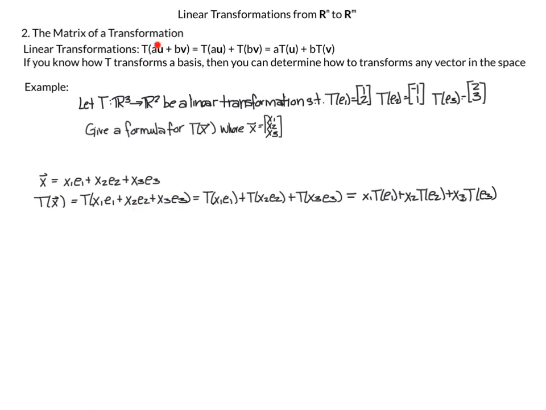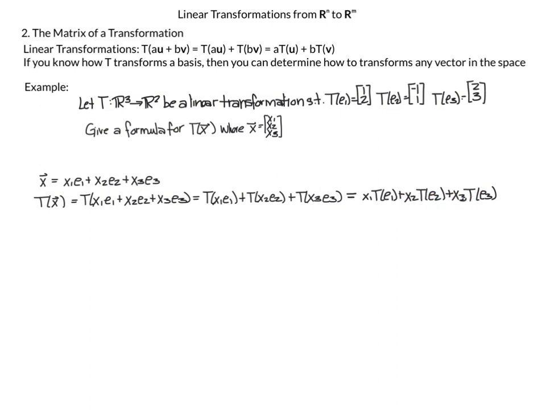Now using the fact that it's linear, first these scalars times e1 is a vector, the scalar times e2 is a vector, scalar x3 times e3 is a vector, so we can break it apart by the additions. So we get the transform x1 e1 plus transform x2 e2 plus transform x3 e3, and then x1, x2, x3 are scalars, so we can pull them out. So that's x1 T e1 plus x2 T e2 plus x3 T e3.